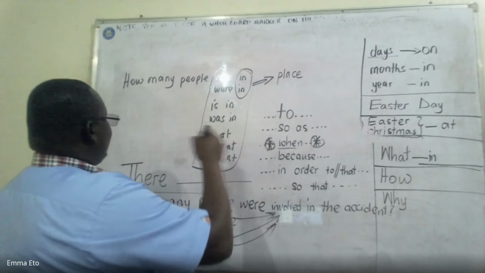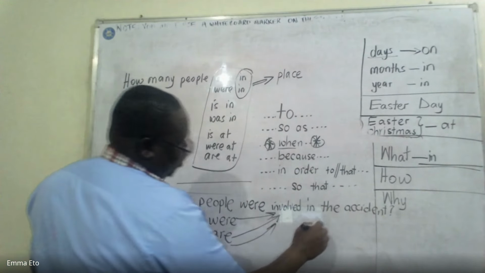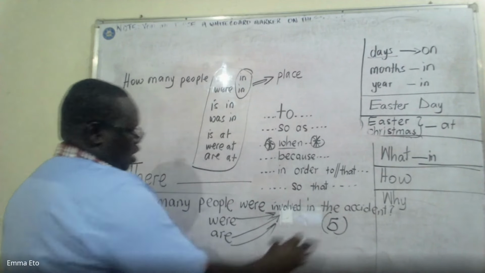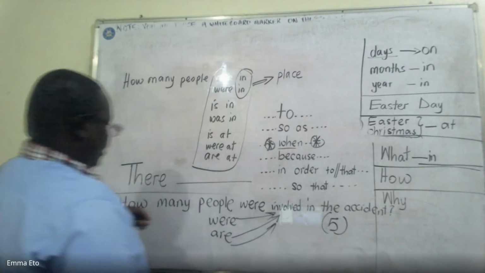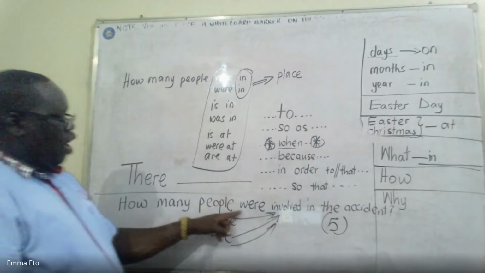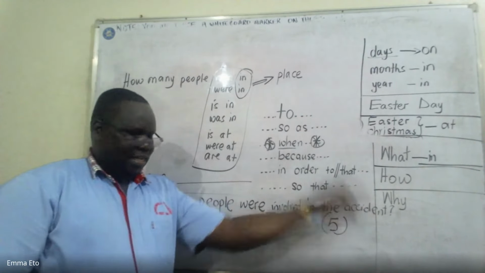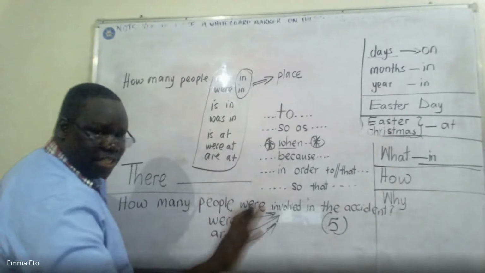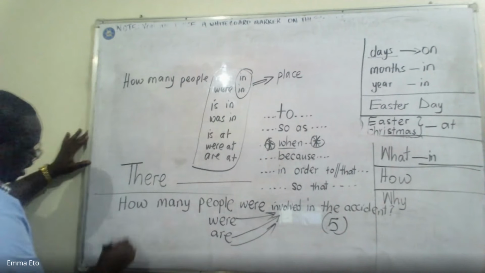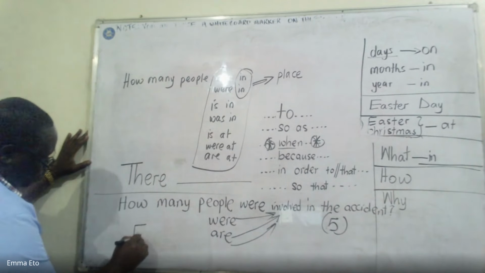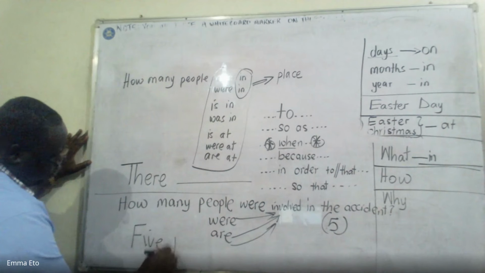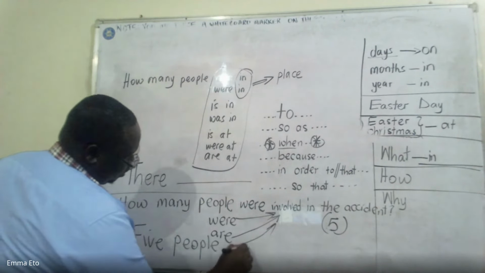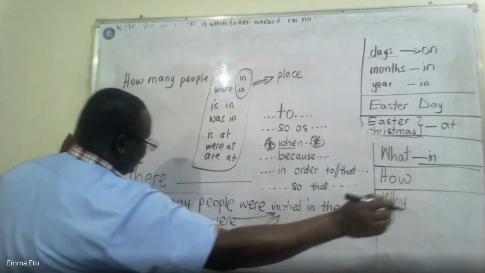For instance, assuming the people who were involved in the accident were 5. Are we there? Then the question is, how many people were involved in the accident? Your answer begins with the number straight away. So you will say 5 people were involved in the accident.